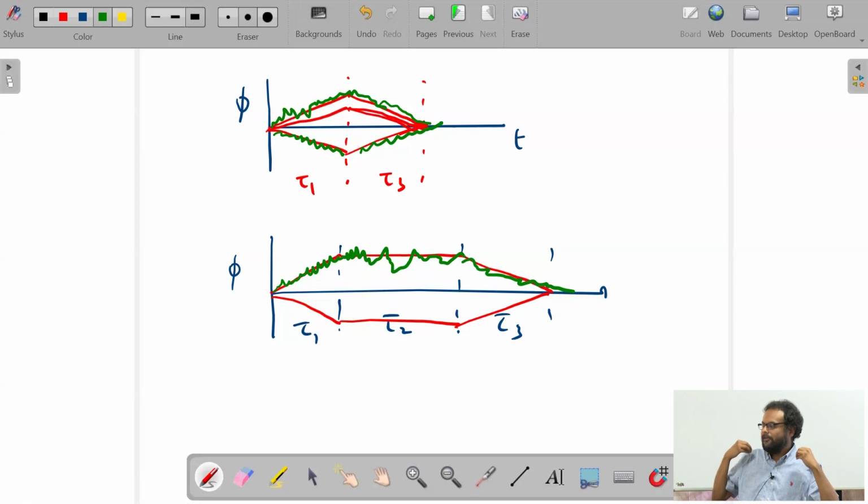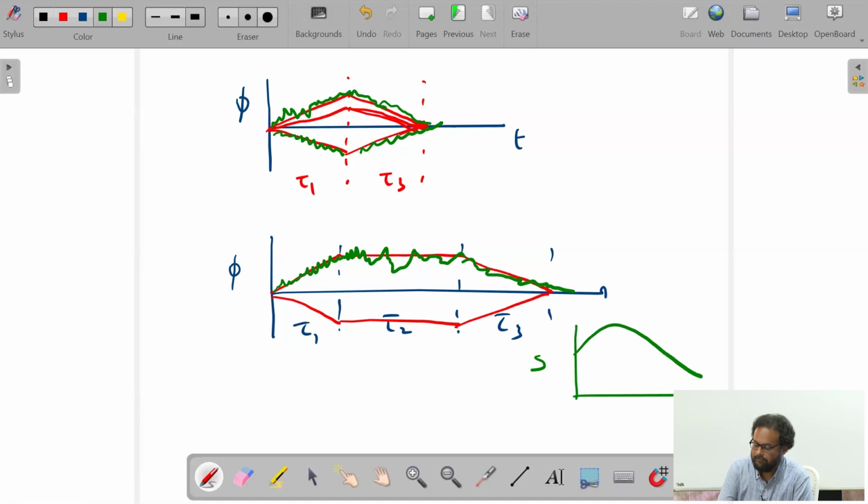So you do the same experiment as a function of time. Initially, if I write my response, you might be starting with some response like that. But as you wait longer, so this is at tau 2 equal to 0, if I go to tau 2 greater than 0, it could become something like that. And that's because I could have additional stochasticity coming from the population evolution.